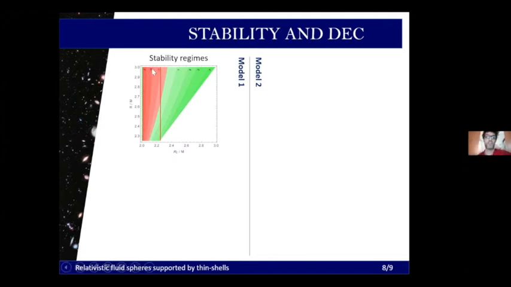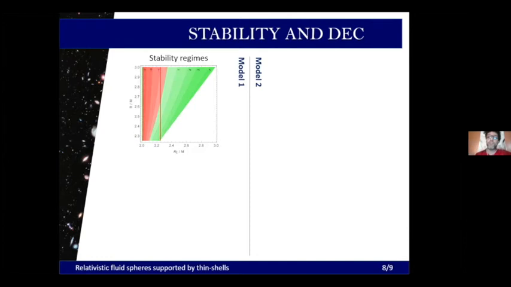And as you can see, there are indeed regions for which this solution is unstable. So if we start, for example, from a star with a radius 3, and you put your thin shell with a radius, let's say 2.1, you will end up at this point right here. This point is red, which means that the potential has a negative concavity, so this star is unstable.